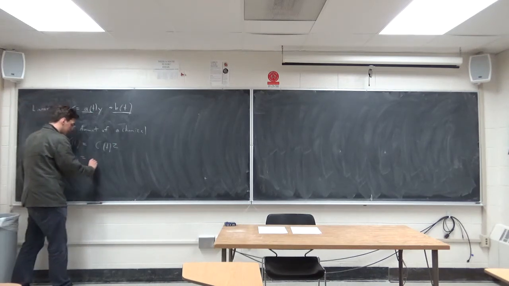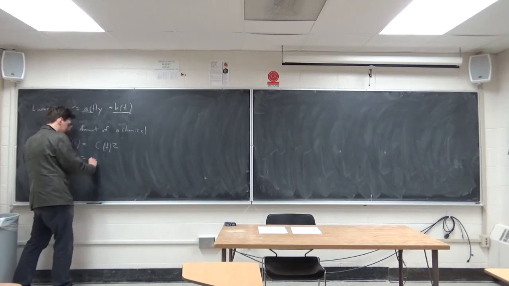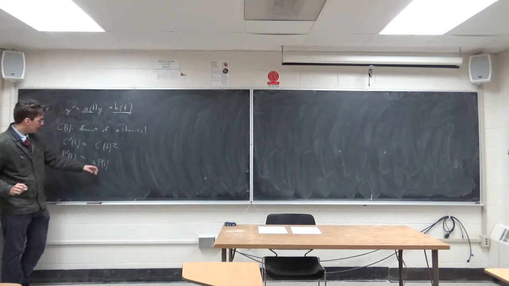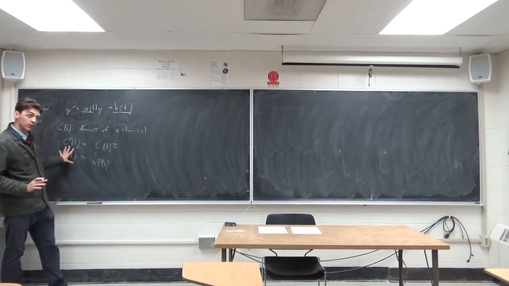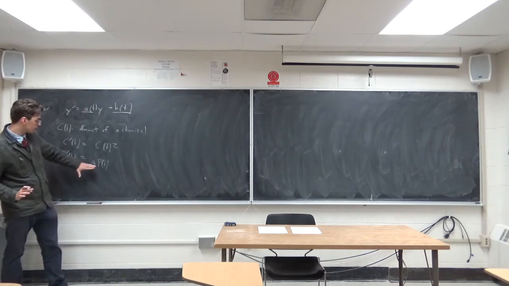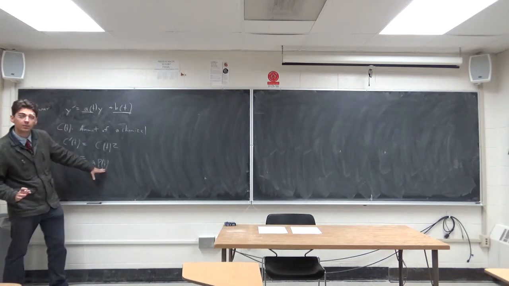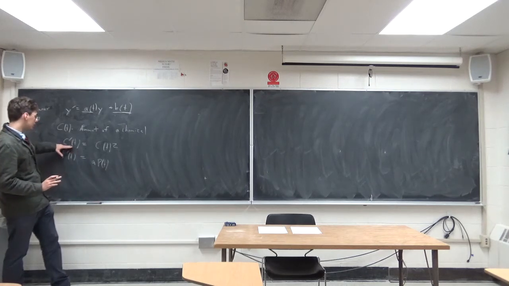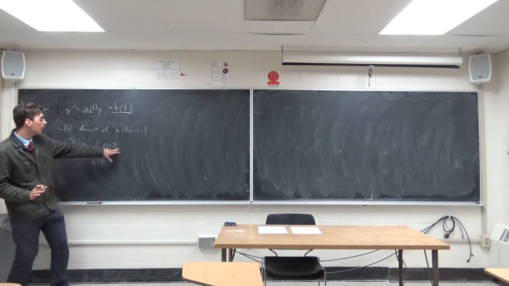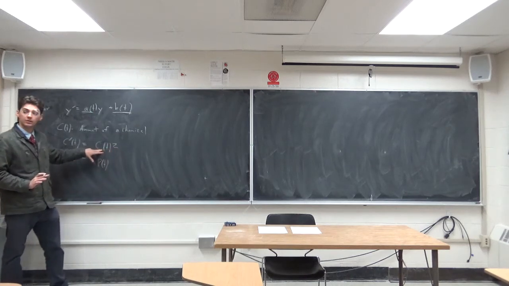The derivative of p of t is equal to some multiple of p of t. That grows exponentially fast, because the rate at which it is changing is proportional to the current size of the population. Here, the rate at which this is changing will equal the square of its current amount.